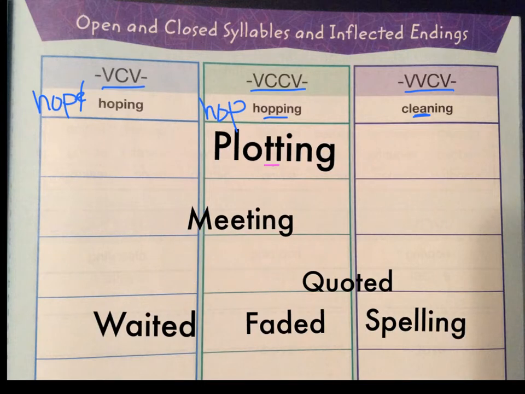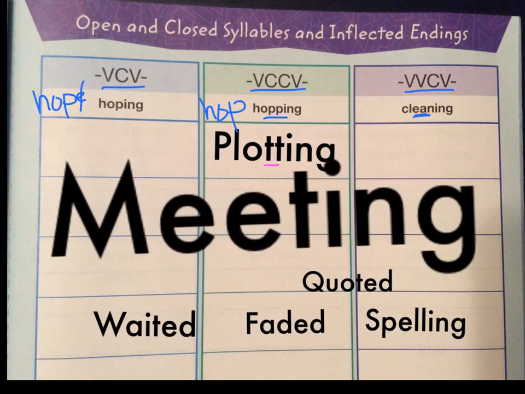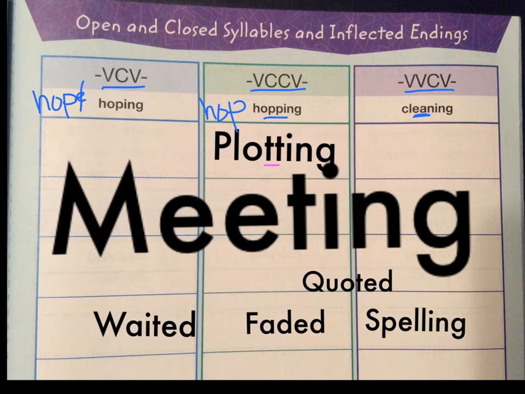All right, the next word we're going to look at is meeting. When we look at the word meeting, what is our base word? It's meet. Meet is spelled M-E-E-T. So that means that the ing is added later, so we're just adding the ing to it.